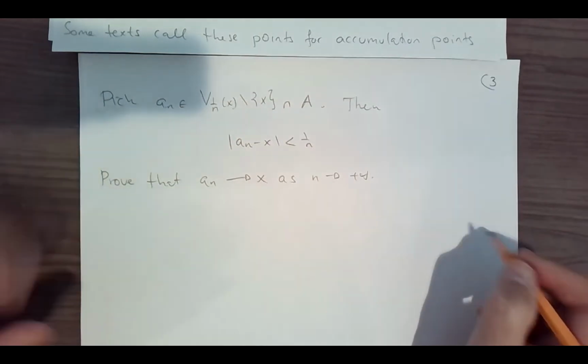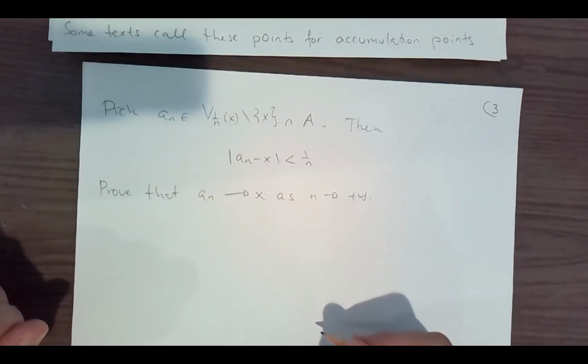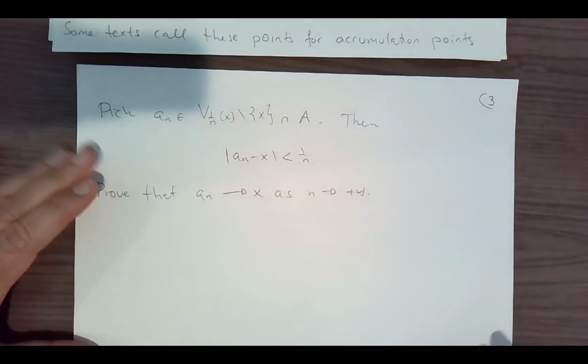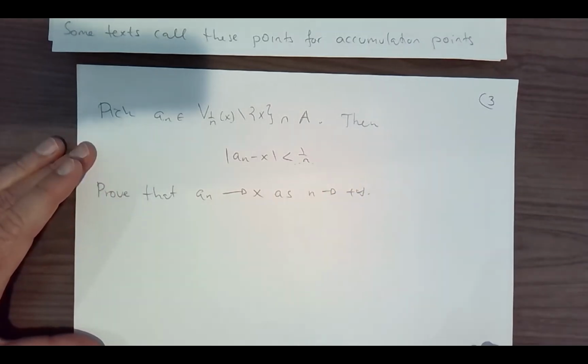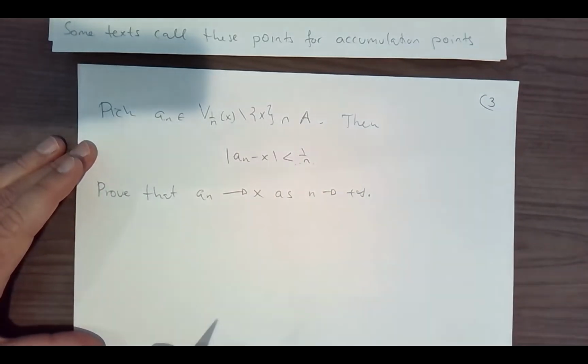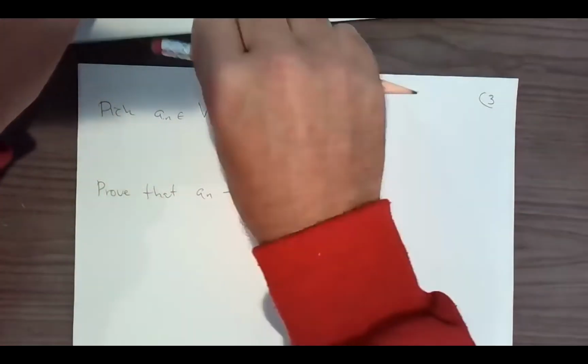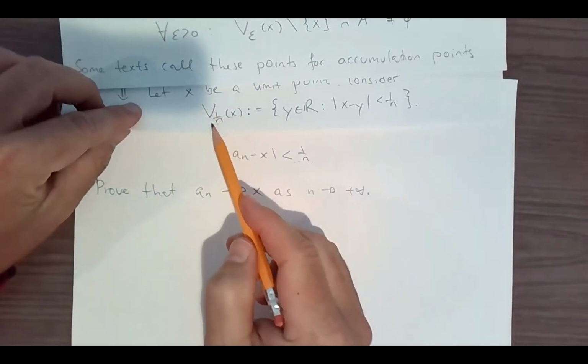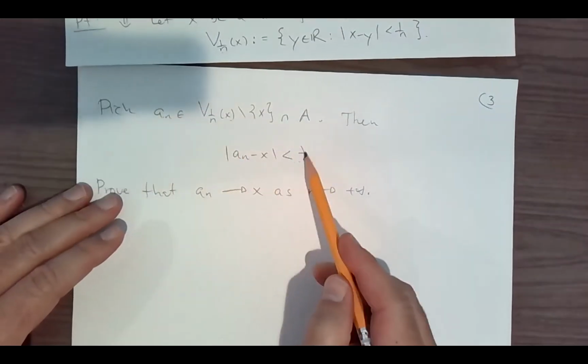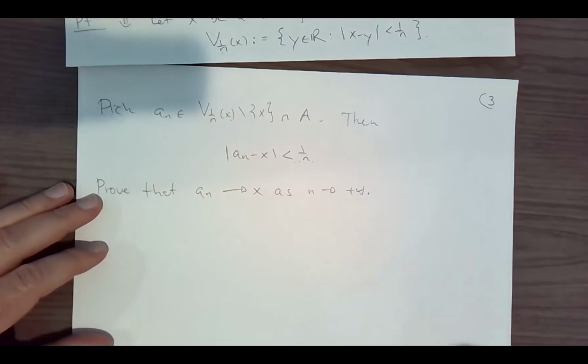But that's not difficult because of this bound here. The only property I need when I choose this 1 over n is that this thing vanishes. I could have put many other things here. That will give me the convergence.